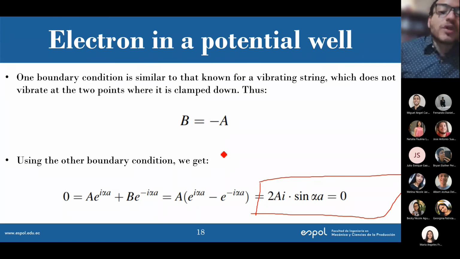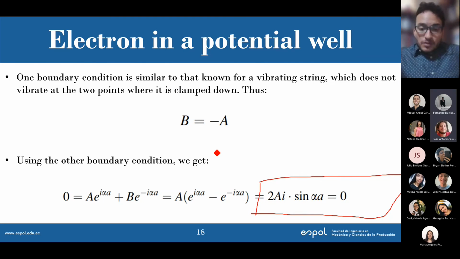What is the restriction, guys? Alpha a times the constant A is 0. So the argument of the sine is a multiple of pi for the expression to be equal to 0. Okay, of pi you mean, right? Yes.